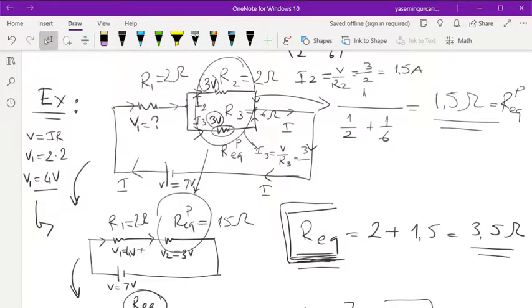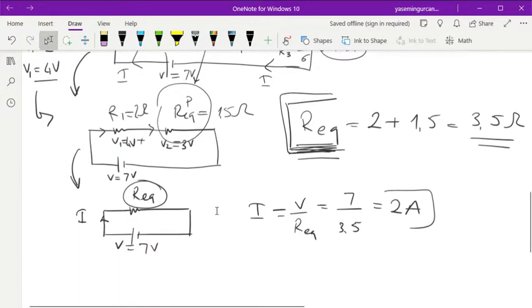So it is 3 divided by 6 ohm. So it's going to be 0.5 ampere. And therefore, you get 1.5 ampere flowing over R2, 0.5 ampere flowing over R3, which is 6 ohm.